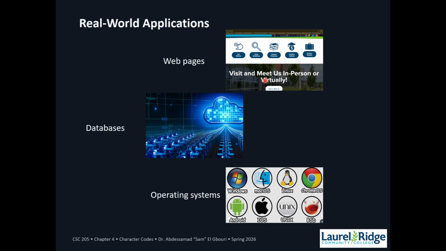Any code you have within a page gets converted into binary. Databases are the same thing. When you call on a database, you're calling on a site where this information is sitting, and so on. For operating systems, every operating system has its own way of dealing with encoding.